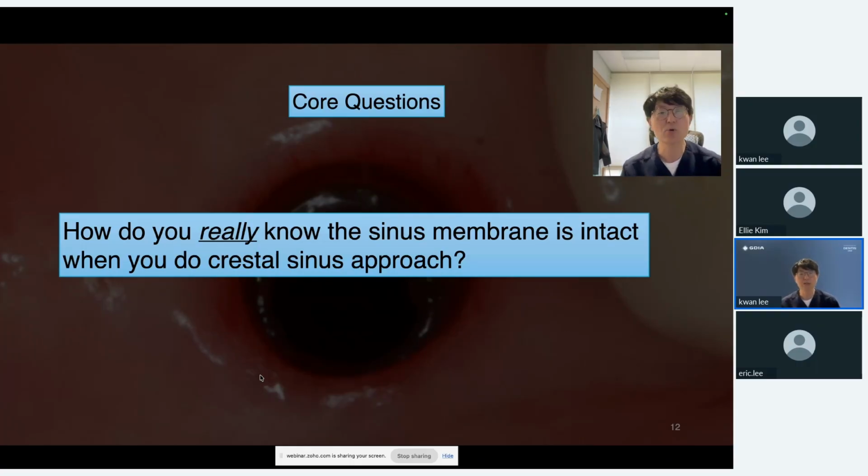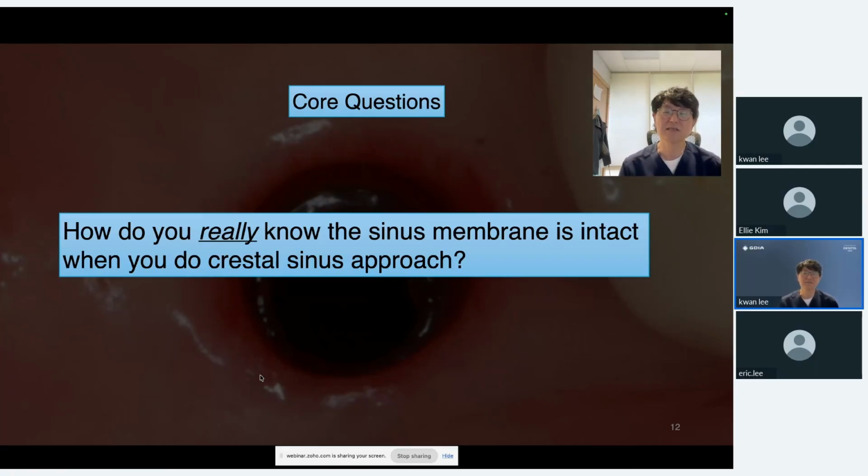Number one core question is, how do you really know the membrane is intact when you're doing the crestal approach? How do I know? I don't know. The only time that I know is, okay, now I'm going to access the floor of the sinus, and then I'm going to push my instruments, add in a little bit of bone powder, and take an x-ray, see how it goes.